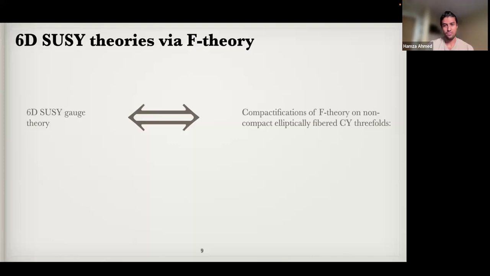So what is F theory? F theory is a 12-dimensional theory. And the way we will get a 6D SUSY gauge theory would be to take this F theory and reduce it onto a 6-dimensional, non-compact, elliptically fibered Calabi-Yau threefold, such that the effective theory then is 6-dimensional, which is what we need.